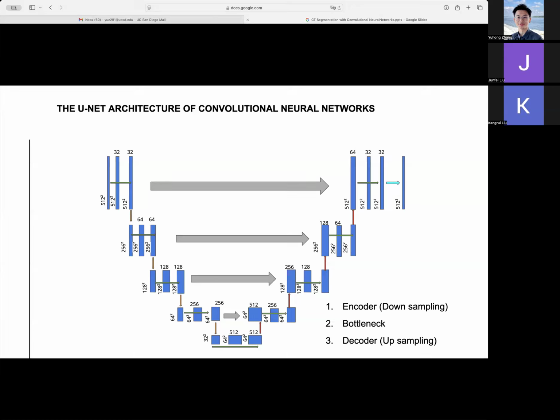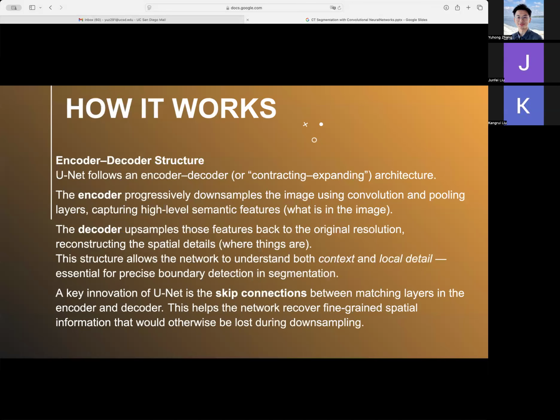This part is called the encoder, which does downsampling. So we can see the image size getting smaller and smaller. And then when it goes to the bottom of the architecture, this part is called the bottleneck. After this part, the images are enlarged again until the last step, where the output is the same size as the input. Next page, please.